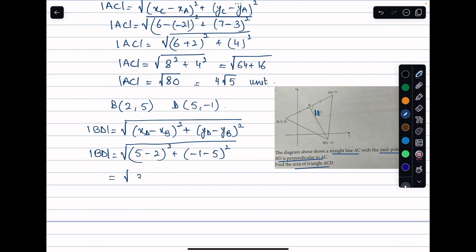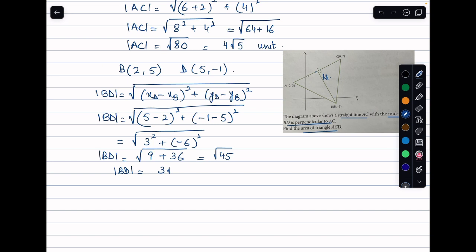Solving it, it's 3 the whole square plus -6 the whole square. Just remember that a negative square always becomes positive, and distance can never be negative. So it's going to be 9 plus 36, or under root 45, or BD equals 3 under root 5 units.